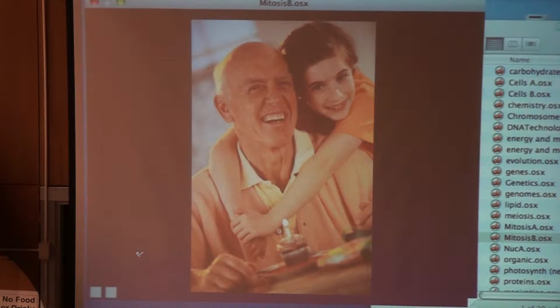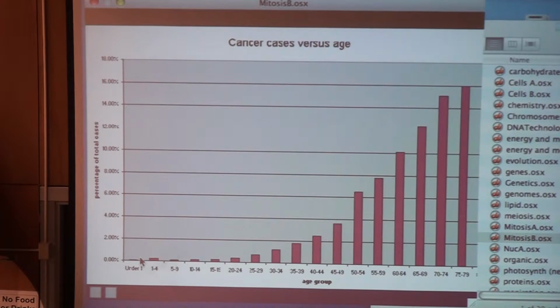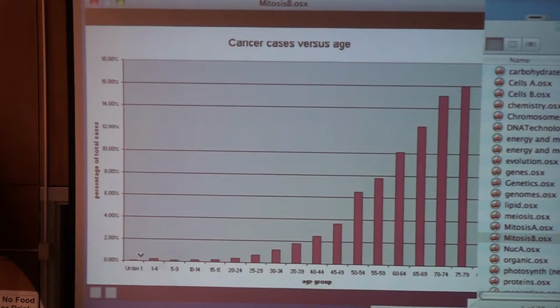So the longer you live, the more you've been exposed to mutagens, and so the more likely you are to have these mutations that lead to cancer. Here's a graph I pulled off the internet somewhere showing cancer incidence versus age groups. You can see there's an exponential increase in cancer rates as you go through life.